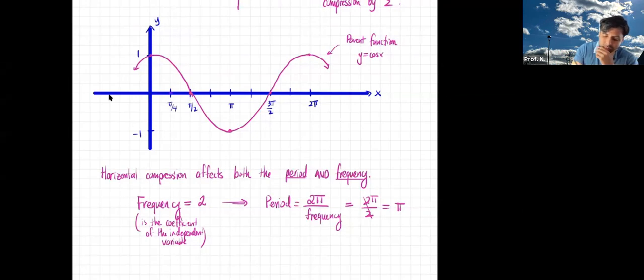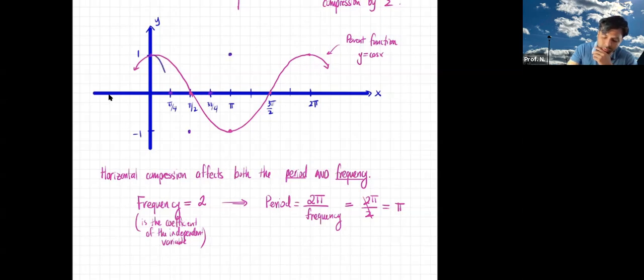So I'm going to be here instead. And instead of being -1 at pi, I'm going to be at -1 half of that, at half the time. And then instead of 3 pi over 2, I'm going to be where? 3 pi over 4. I'm going to come back to 0. And then instead of 2 pi being where I get 1, I'm going to get 1 again at pi.